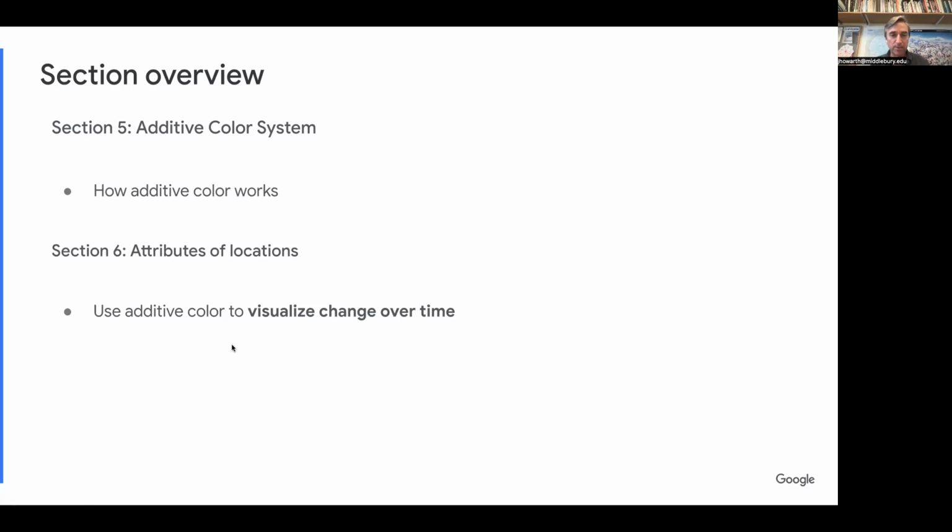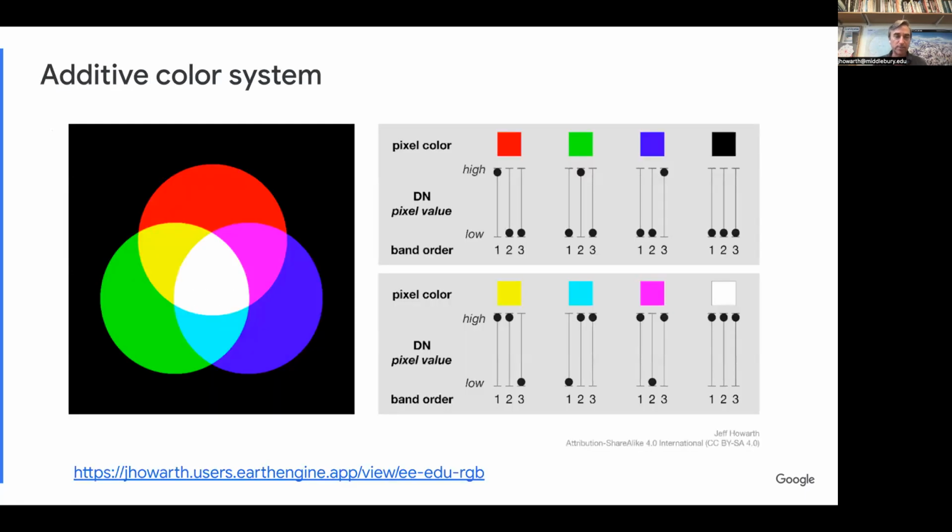So in this case, we're going to use it to look at change over time, and we'll get there in a second. But this is the figure that is in the book about additive color.